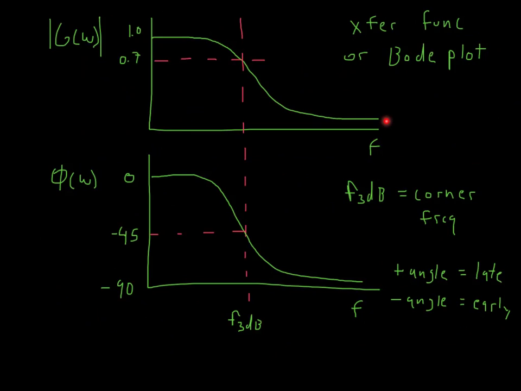All right, for the phase over here, what we do is we start with the output. The output sine wave that we put in at low frequencies is in phase with the input. So when we compare those two on an oscilloscope, they look like they're right on top of each other. However, as we go higher and higher in frequency, for this one, what we get is the output ends up leading.